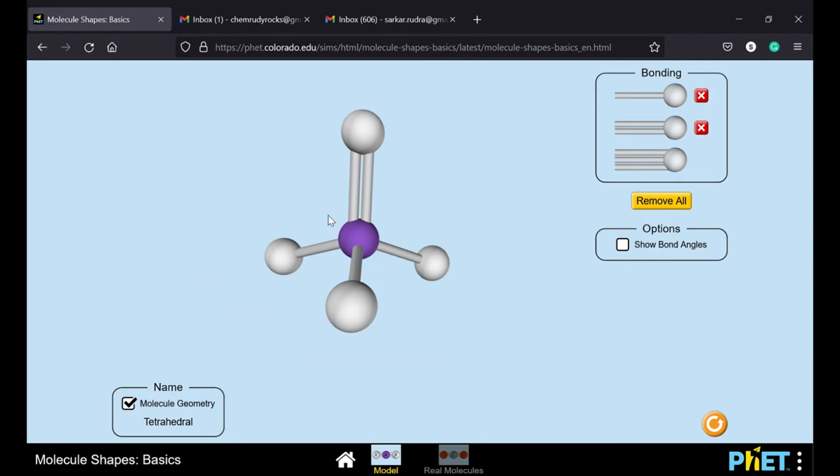Now, a good example of this molecule is, if I consider the central atom to be P, this one O, and all these atoms over here Cl. So basically the molecule is POCl3.